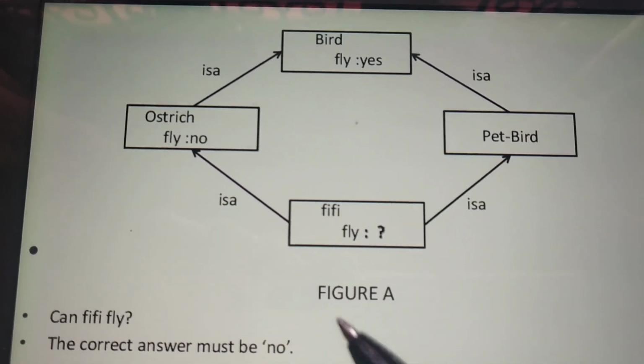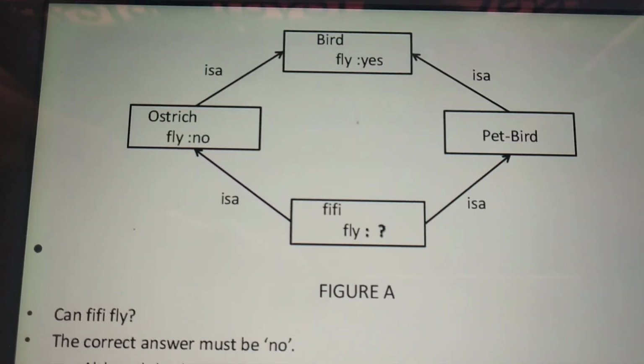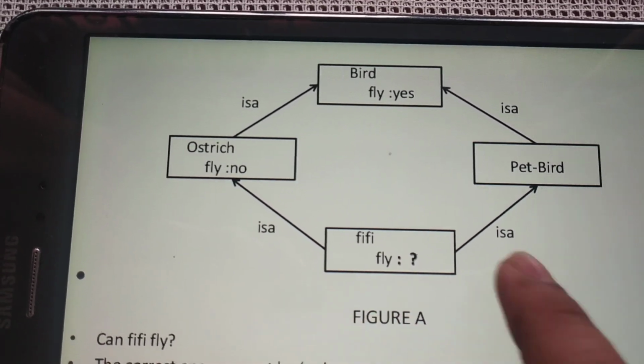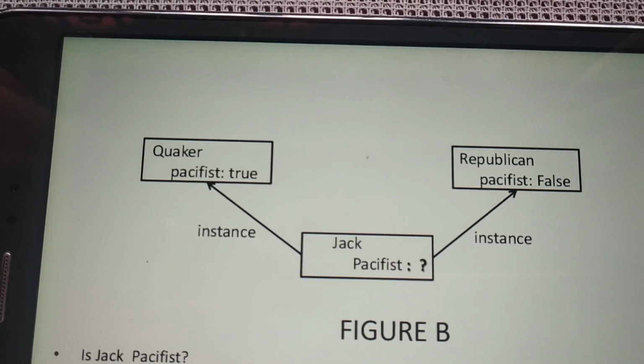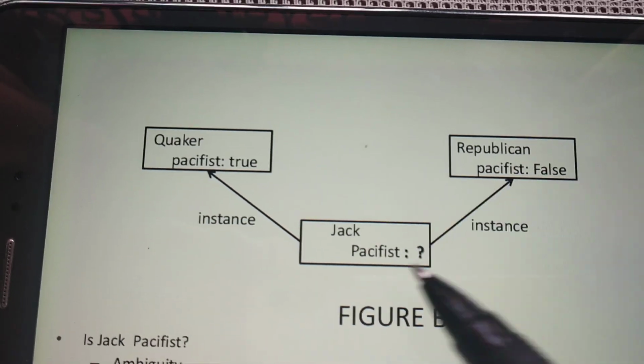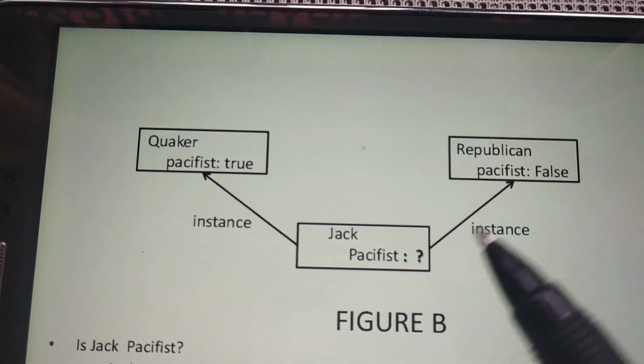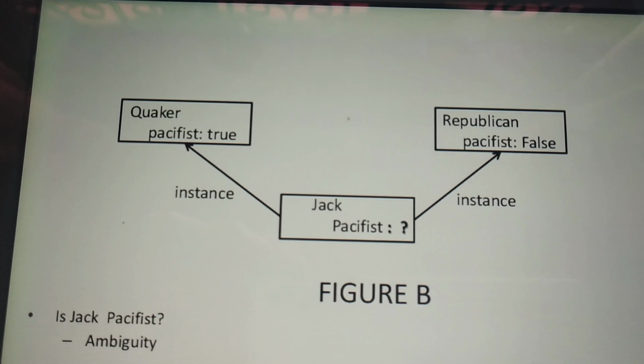But in reality, it should be no. But in this case, in the figure we are going to see, whether it is inheritance-wise or in reality, in common sense, the answer is always ambiguous.